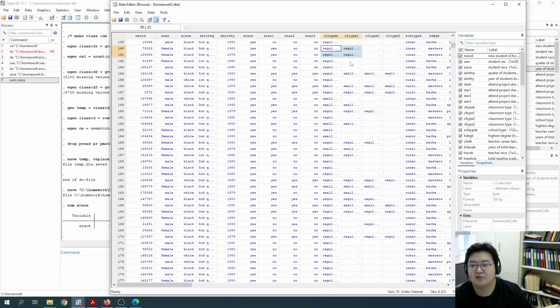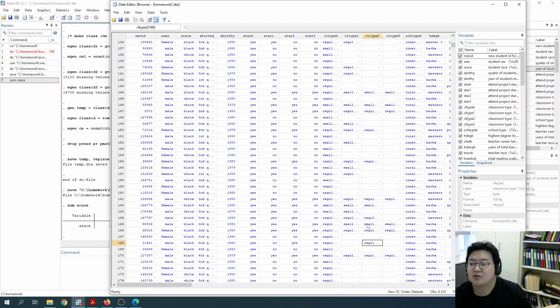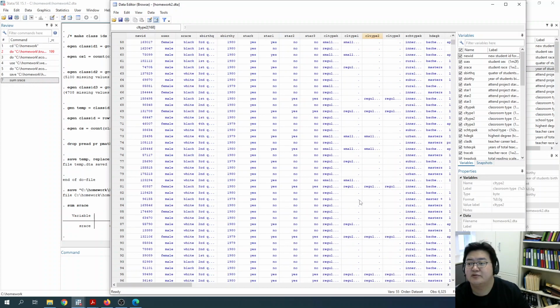These students are also regular. And here is a student who remains in small. By the way, there are some students who switch between regular and small like this, and I don't know what happened. Maybe this may be possible. There are also some students who participated in kindergarten, no in the first grade, and then came back in the second grade. So these things happen.